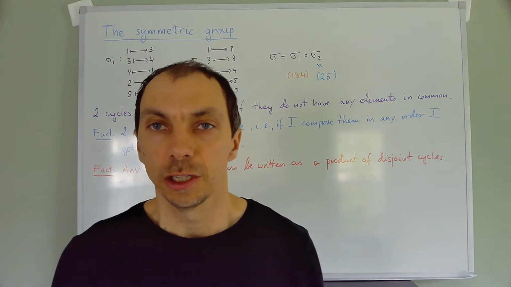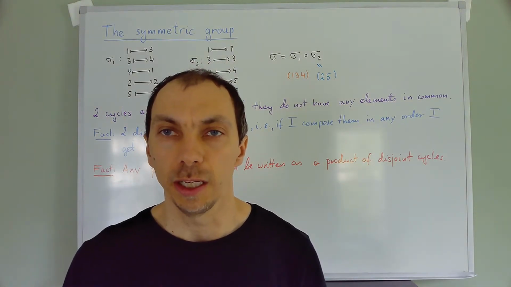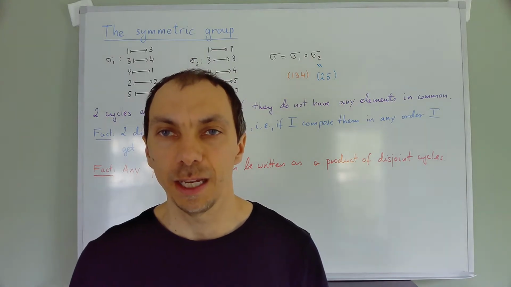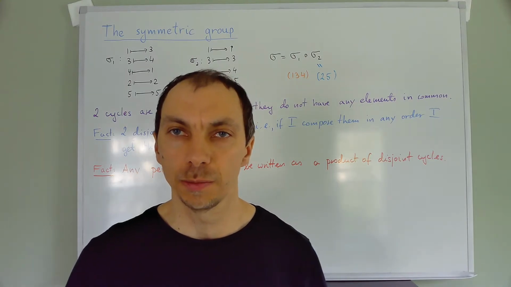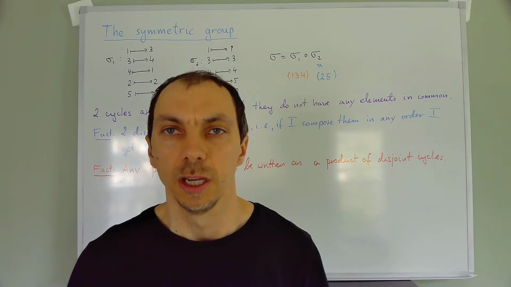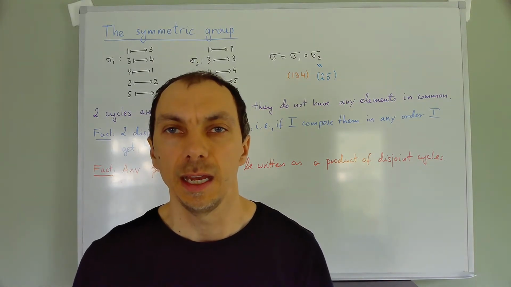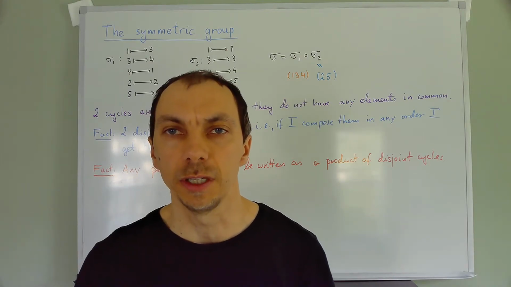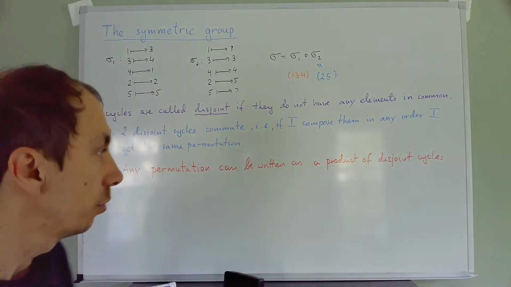And rather than engage in a formal proof of this statement, let me show you an example and explain how the general statement can be proven from this example. The only difference between the example and the proof is that you do not look at particular numbers, you just call these elements a1, a2 through, say, an, and you have to keep track of the indices. But the idea is completely the same as in the example I'm going to show you.